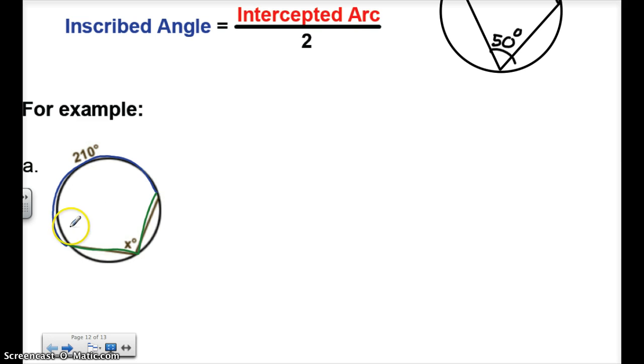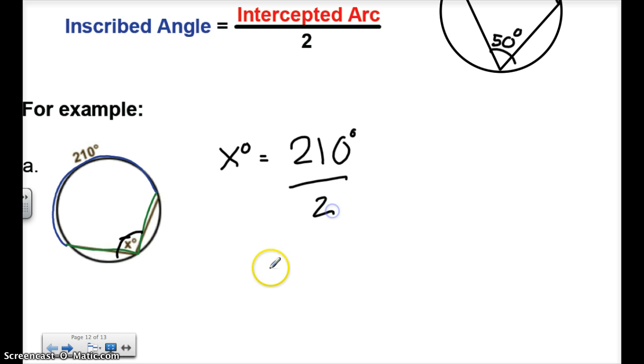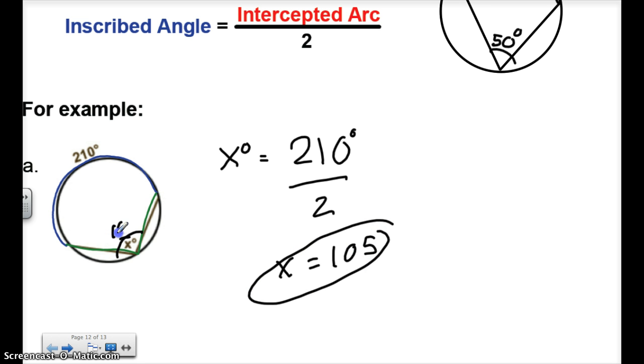This example says our arc is 210 degrees. We want to find x, which is our inscribed angle. So since x is our inscribed angle, to find x degrees, we'll just do 210, which is our intercepted arc, divided by 2. So x is going to be equal to 105. That's it. So x equals 105 degrees.